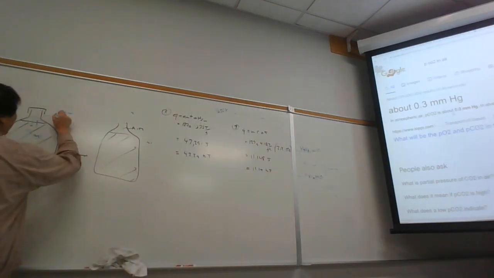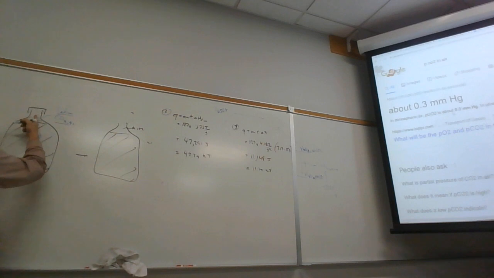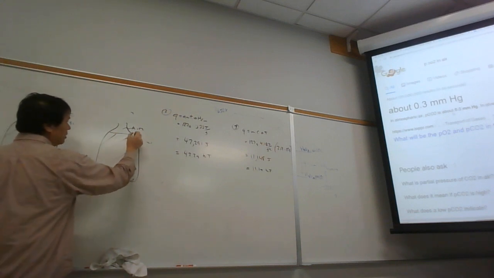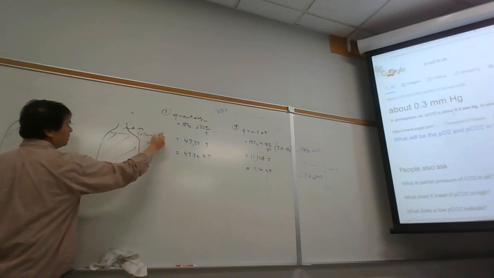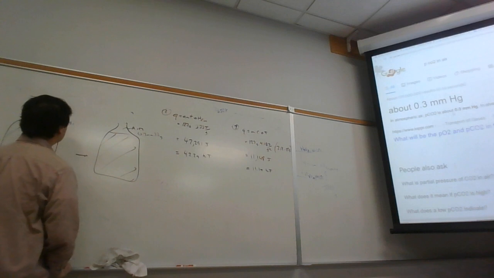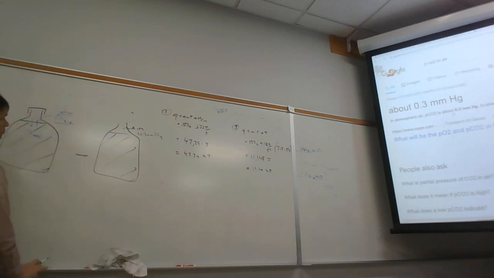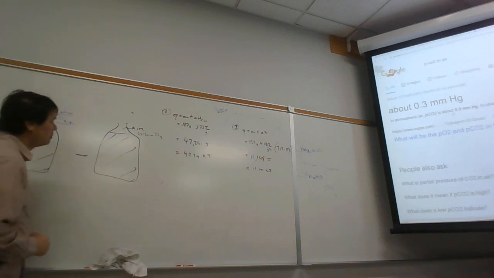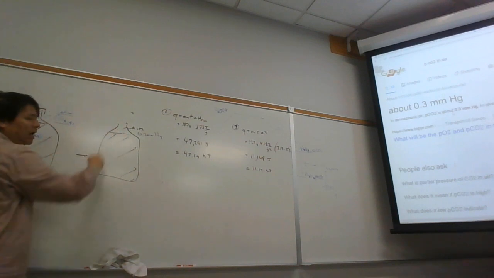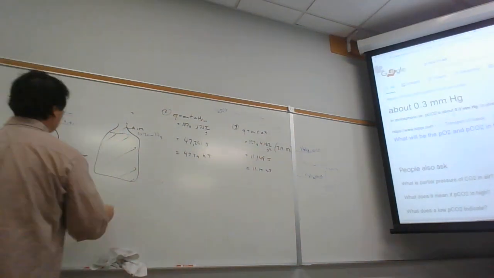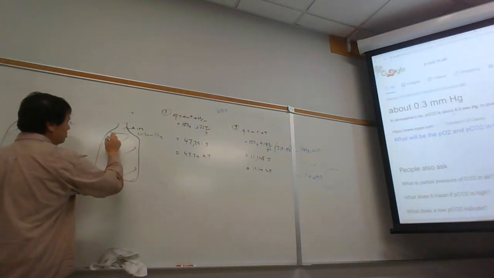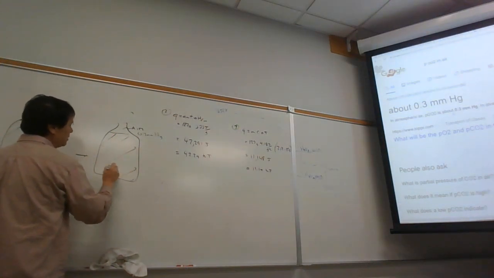So we go from 1 atmosphere of CO2, because this is just pure CO2 in a carbonated beverage, to 0.3 millimeters of mercury, which is much less than an atmosphere. So when you open the bottle cap here, we end up with a supersaturated solution, because we have way too much CO2 that can be sustained in here.